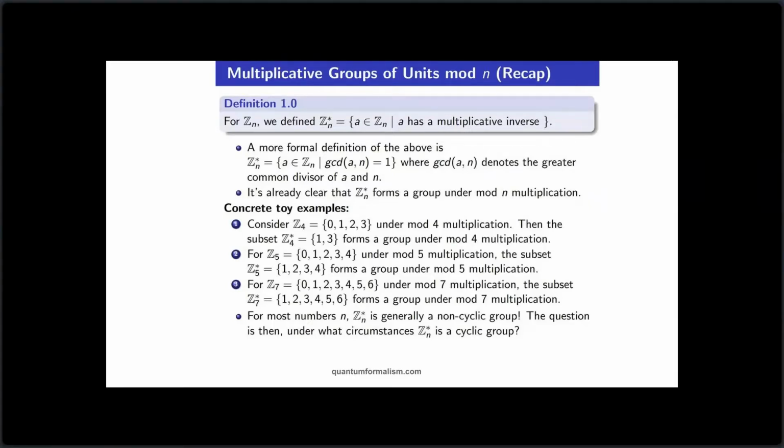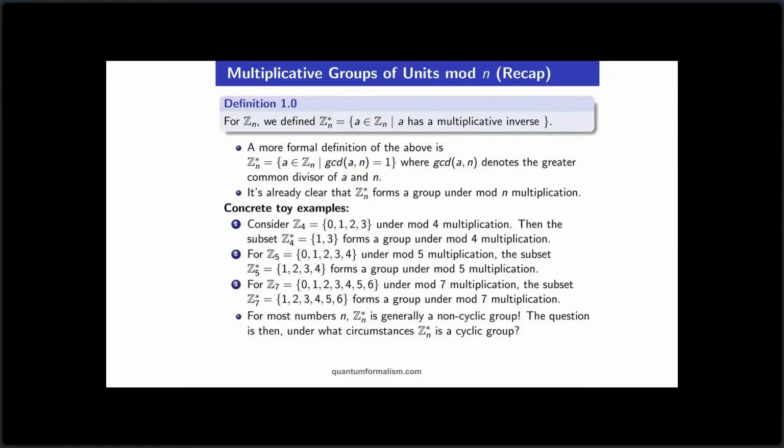For Z7, if we remove 0, we have essentially all the elements of Z7. So the act of removing 0 seems to generate a group automatically.